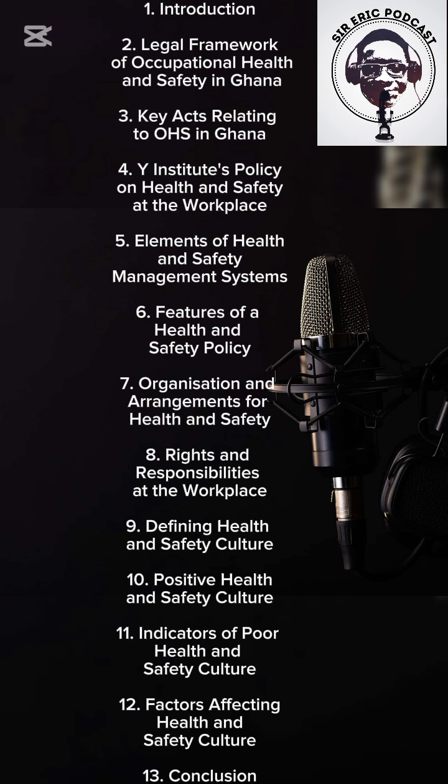Persons with Disability Act 2006, Act 715, mandates employers to provide tools and facilities for workers with disabilities. 3. Factories, Offices and Shops Act 1970, Act 328, covers workplace cleanliness, ventilation, first aid, and accident reporting.